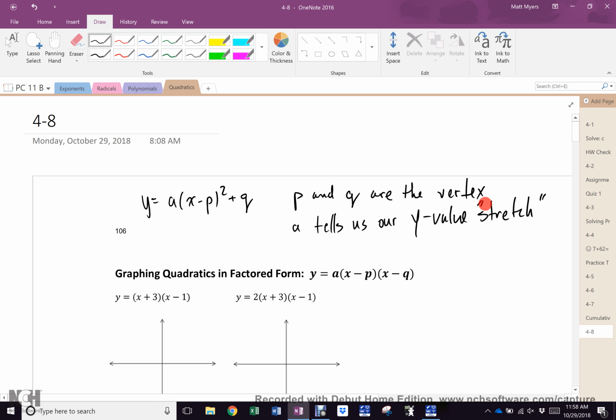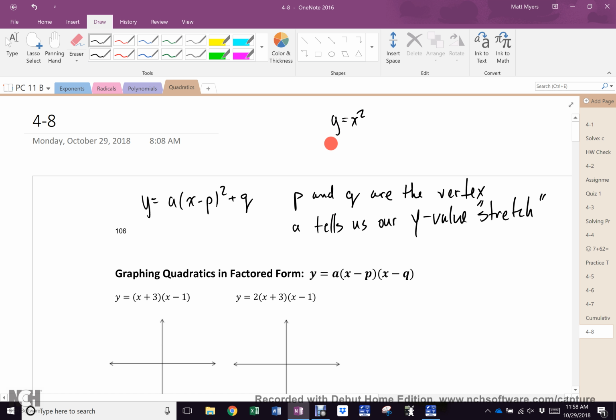I put stretch in quotation marks because when I say stretch, you generally think I mean this, yes? But I also mean the shrink, which would spread it out. Everyone is good with that? Everyone remembers why that works? Because of y equals x squared, how we moved that all around.